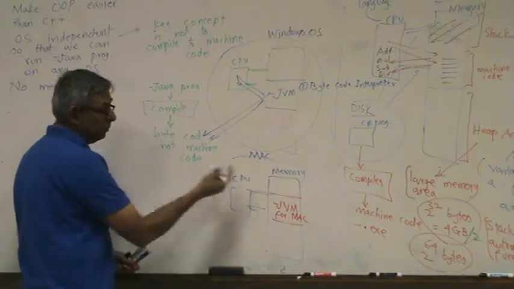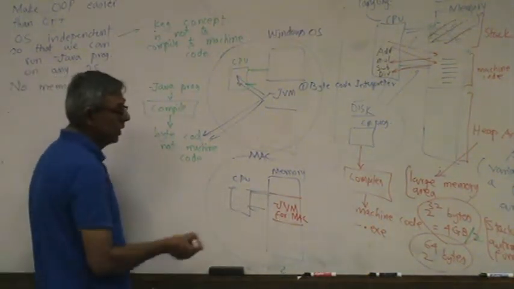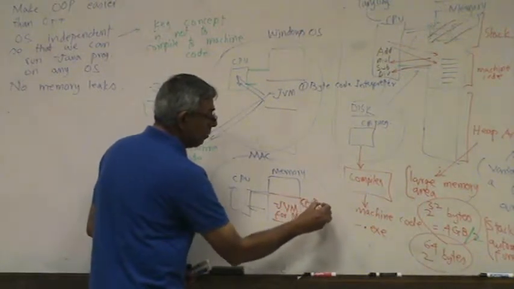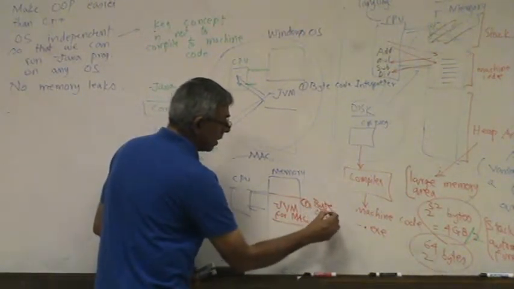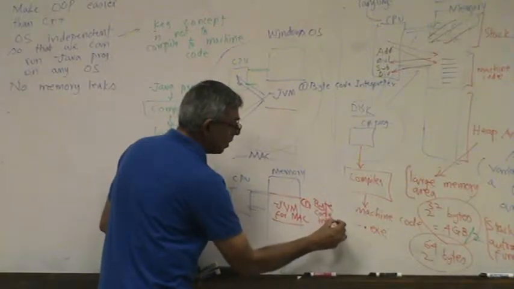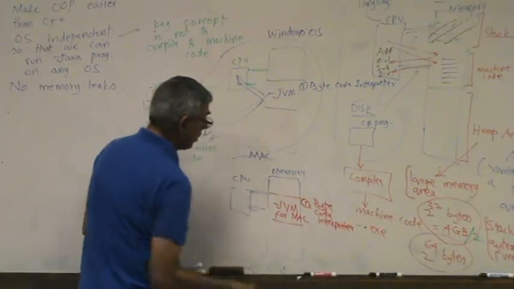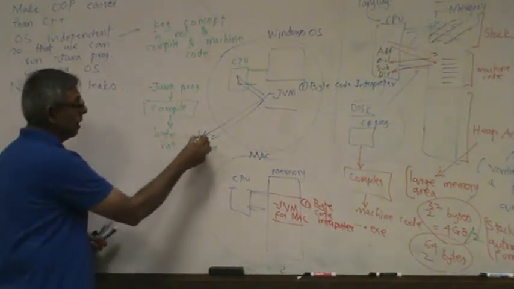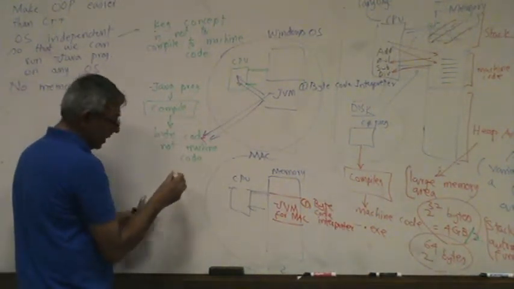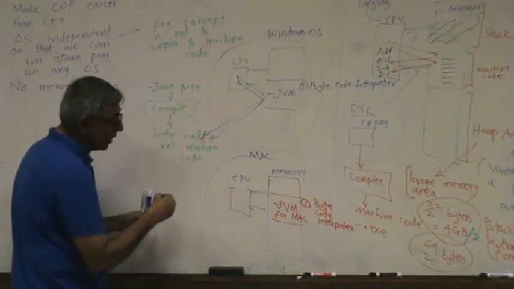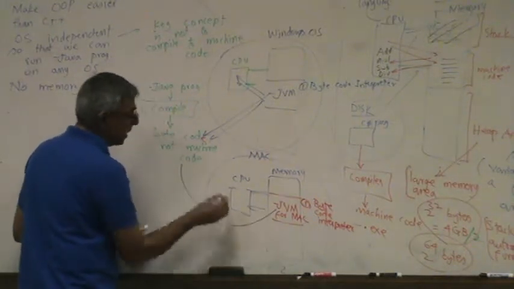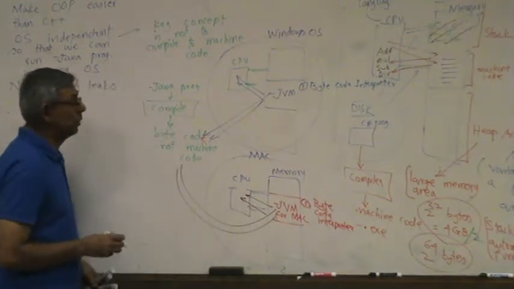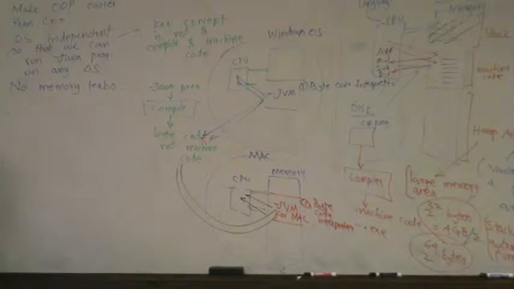So of course we can load it over here, right? And what's the first important part of the JVM? Bytecode interpreter. So how will it run the same Java program? We don't even have to compile it again. We already compiled it one time. So this JVM will simply read this bytecode, tell the CPU what to do, read another line, tell the CPU what to do, without having to recompile it, right?